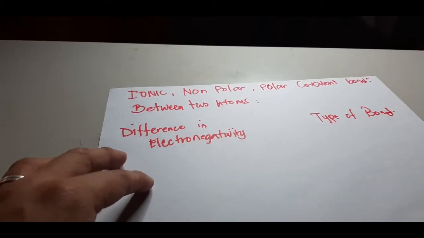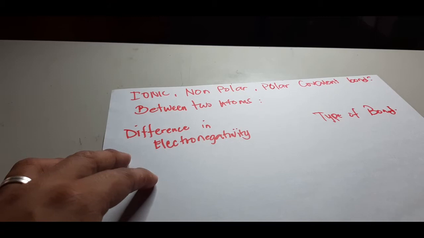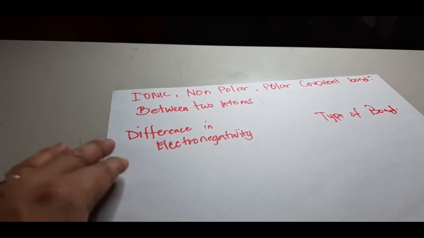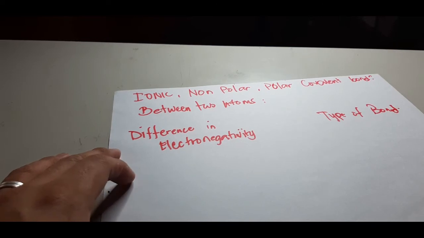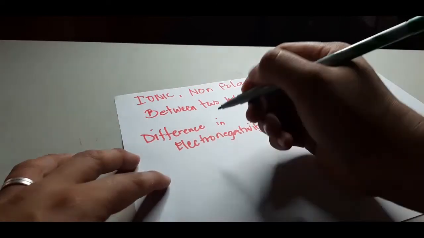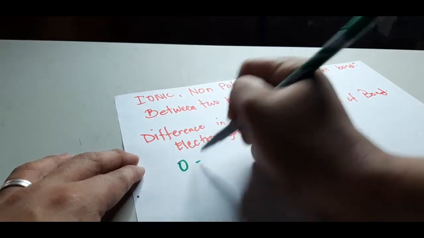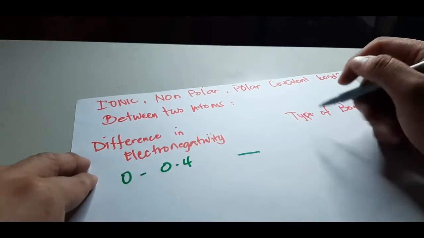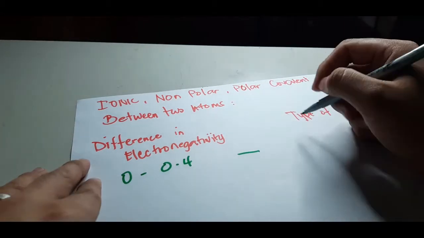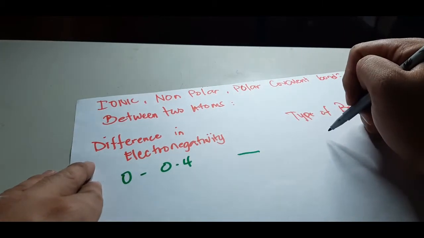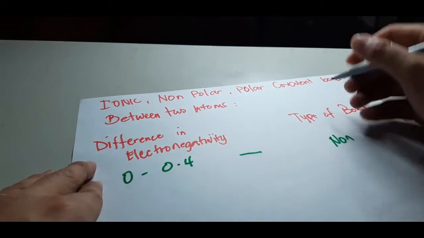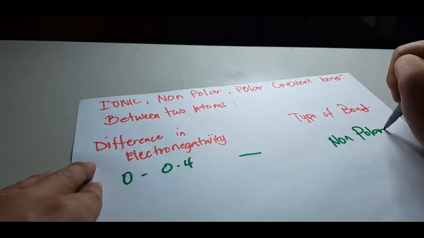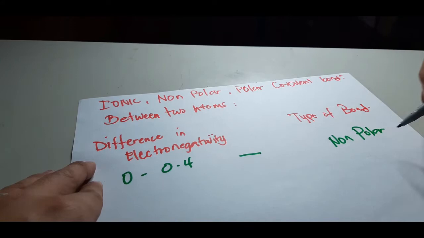Now, when are we going to say that the bonding is ionic, non-polar covalent, or polar covalent? If the difference in their electronegativity is from 0 to 0.4, that means it is a non-polar covalent bond.